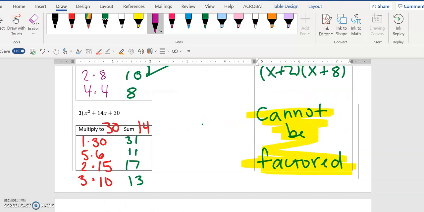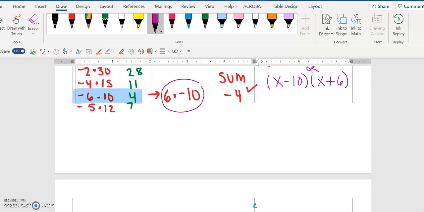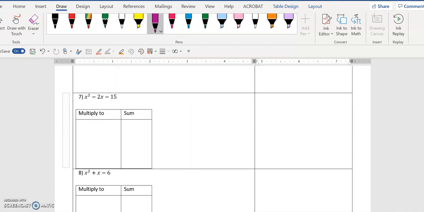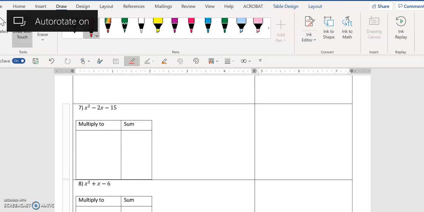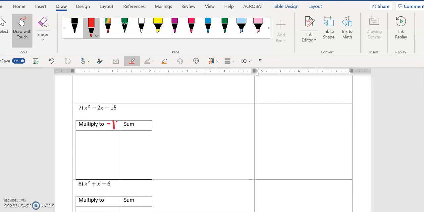All right, looking good. Let's keep going here. Number 7. We're going to multiply to -15 and add to -2. So, okay, I'm thinking what? 1 times -15, 3 times -5.